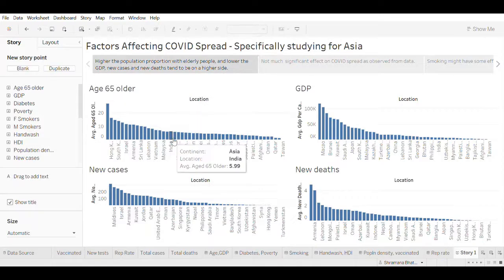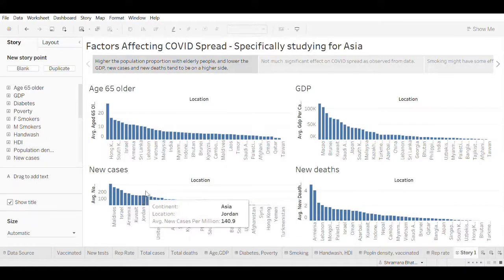We know that India's old or elderly population is not that high, but neither very low. Okay, it's moderate, we can say, right? But the average new cases for India for both the years 2020 and 2021 is comparatively on the lower side, right?